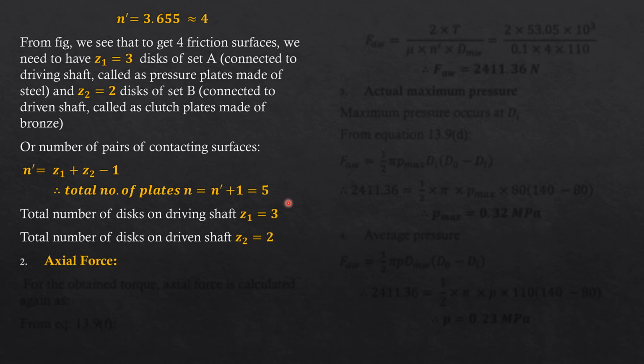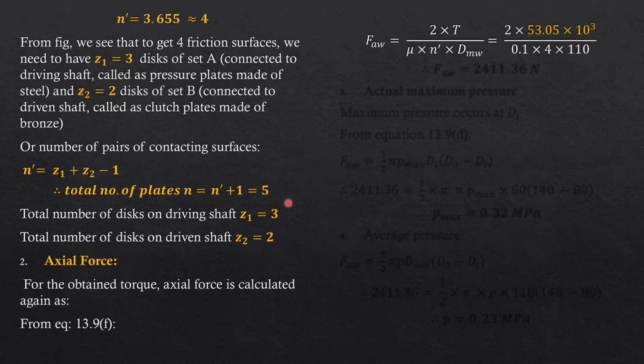Now moving on to the second factor which they have asked, it is the axial force. Right. Now they have asked us to assume uniform wear theory. Now we know that for uniform wear theory, you can directly find the axial force using the torque equation, right? Using the torque equation 13.9 F, you can rewrite it to solve for axial force FAW, right?